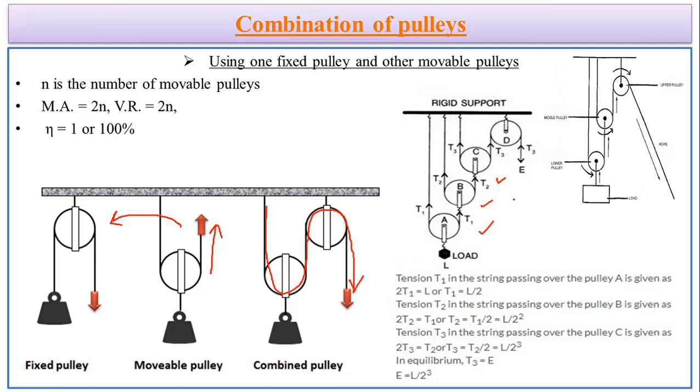Here is one calculation by which you can see that the efficiency of a combined pulley or a composite pulley is equal to the power of the number of pulleys we are putting over here. Here I request that you pause the video and go through this simple derivation of the equation, which will help you to understand the condition.